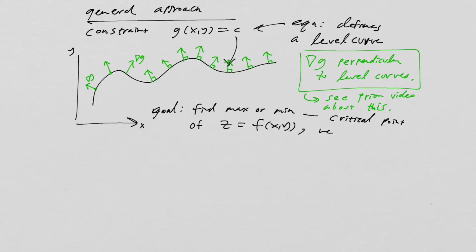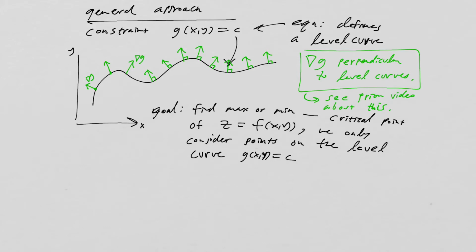But we only consider points on the level curve g of x comma y is equal to c.